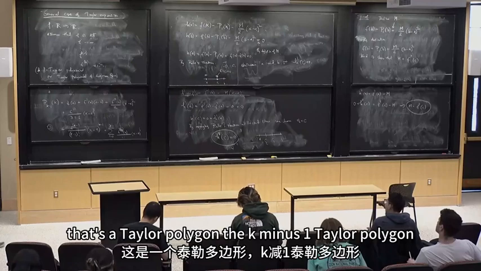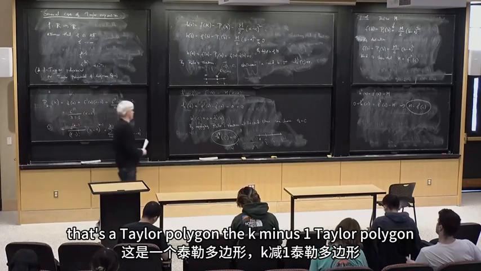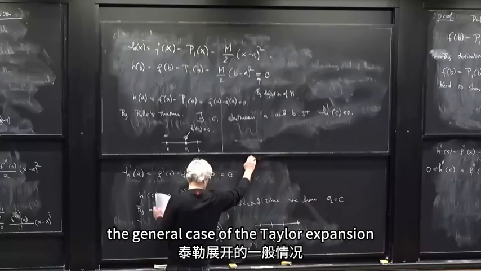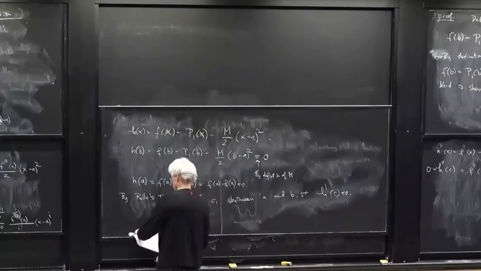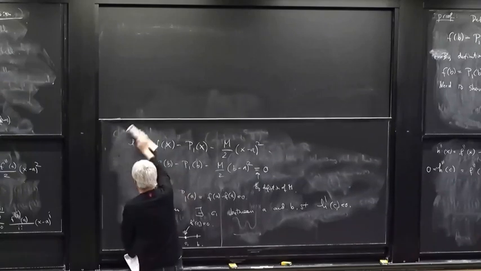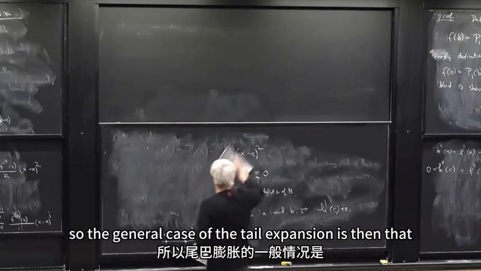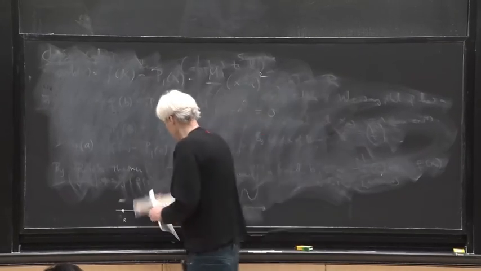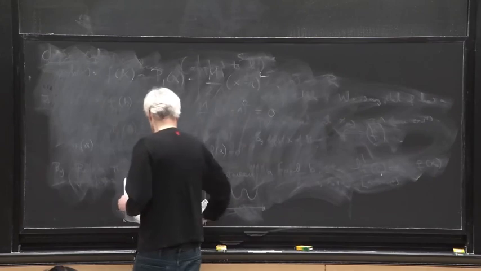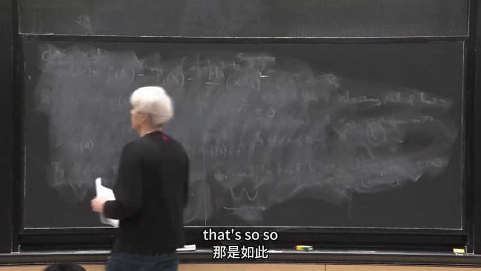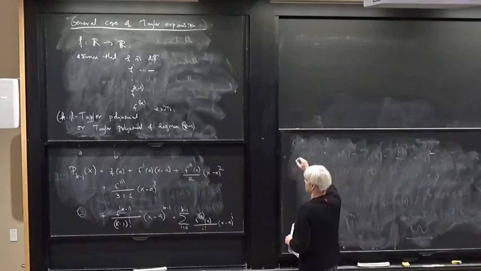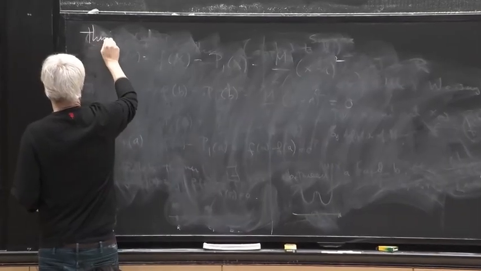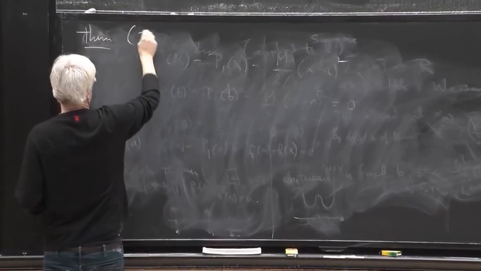Okay, so that's the k minus 1 Taylor polynomial. And now the general case of the Taylor expansion is then the theorem, Taylor expansion.